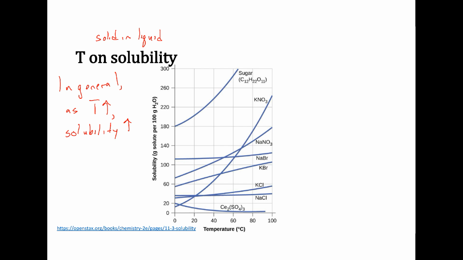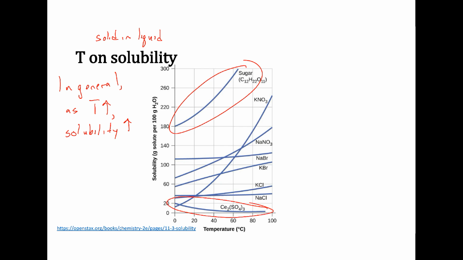This should make sense if you think about making a syrup or a rock candy or hummingbird food. If you want to get more sugar to dissolve in the water, you're going to heat it. And as you heat it, more and more of the sugar will dissolve, which we can see up here on this curve.